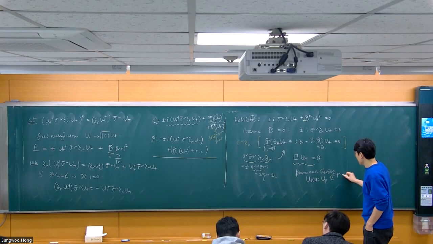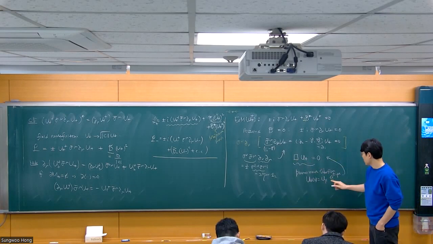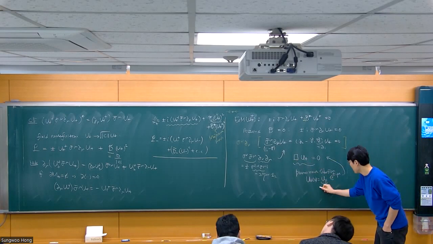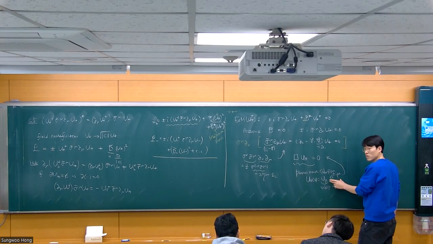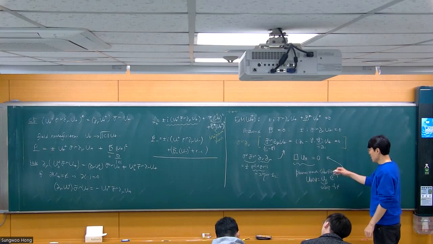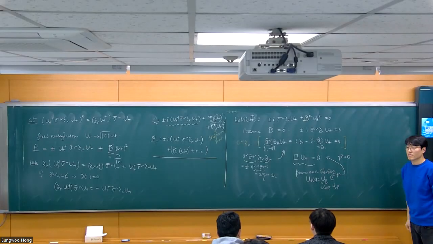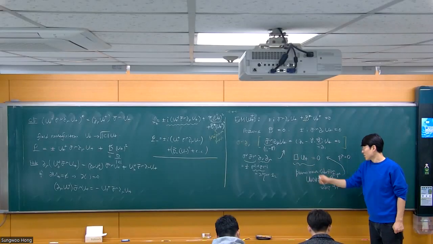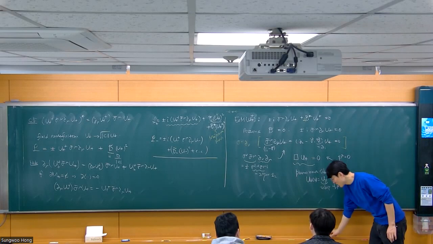So if you plug back in here, because there's a box acting on the plane wave part, by the way, this is independent of the space and time. In other words, when I say plane wave, the entire spatial dependence is controlled by this plane wave factor, right? And then there's the rest, the prefactor. If you plug in, what you get is p squared is equal to 0. Because if you take the box acting on here, that's what you get.